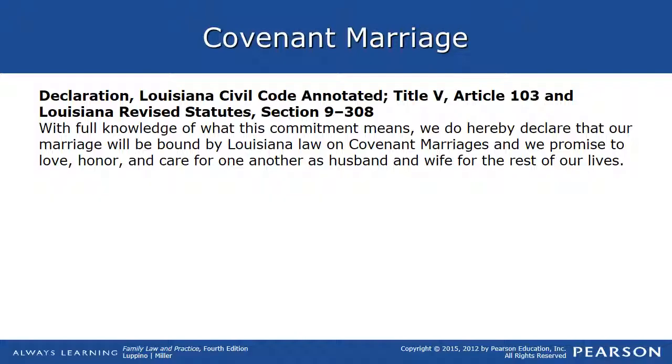So they declare a marriage, and they have a civil marriage ceremony as well, but they look to the more historic principles of marriage to love, honor, and care for each other as husband and wife for the rest of their lives. So they're making a commitment beyond the standard civil marriage commitment, if that makes sense.